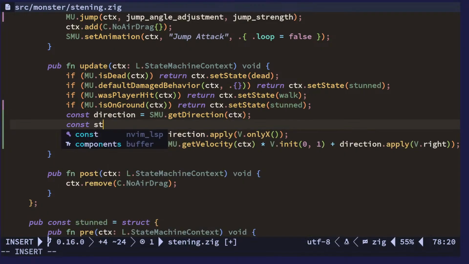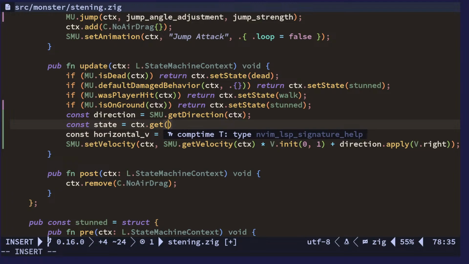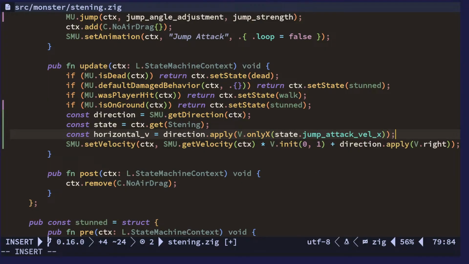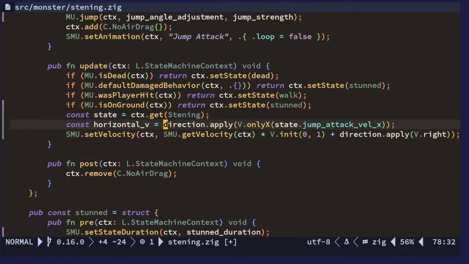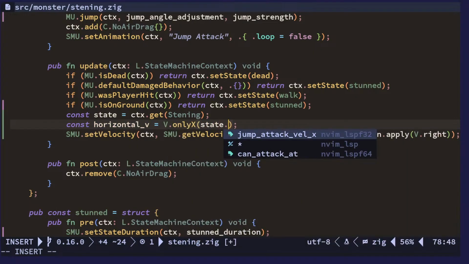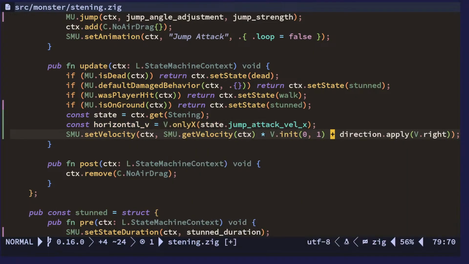Right, so then we need to get the state. And that's gonna be the velocity there. Actually, then we don't need the direction. Yeah, so it's just gonna be this, and we just add that there.